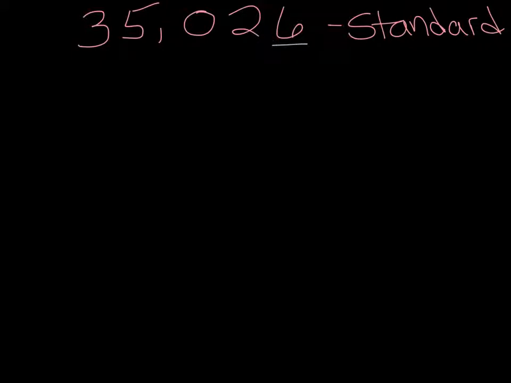The first place value is the ones place, the tens place, the hundreds place, the thousands place, the 10,000s place. If we were to go one more, this would be the 100,000s place. As you can see, we separate the units, which is what we would call these numbers over here, from our thousands, which are the next three numbers.